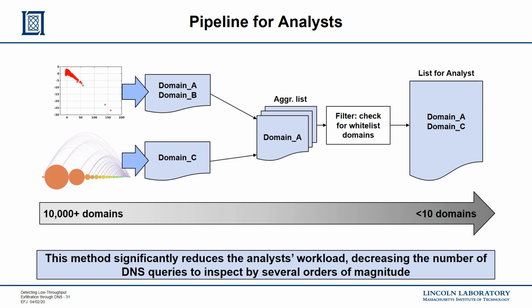And then once that whitelist is applied, you can output your final list for the analyst on a given day of domains that they need to consider that might be performing DNS exfiltration. So this method has helped significantly reduce the analyst workload by decreasing the number of DNS queries to inspect by several orders of magnitude, because we went from tens to hundreds of thousands of domains to now only a handful of a few domains that they need to consider.